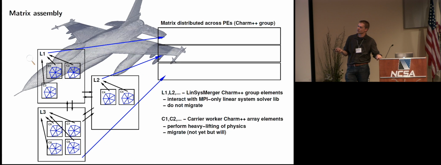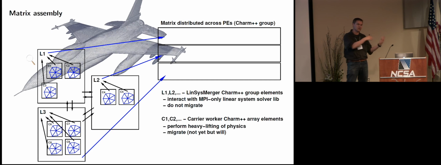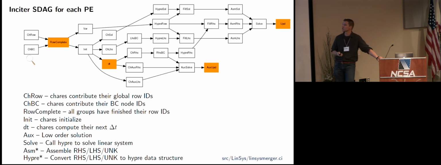So once the contributions, the operators, are computed, they get sent to the given LeanSysMerger that happens to be where the worker happens to be, and that gets collected. And the communication on the processor boundary is done between only the LeanSysMerger objects. And then once the system is assembled, we hand it over to Hypre, get back the solution, and then we continue. So here's how it looks.